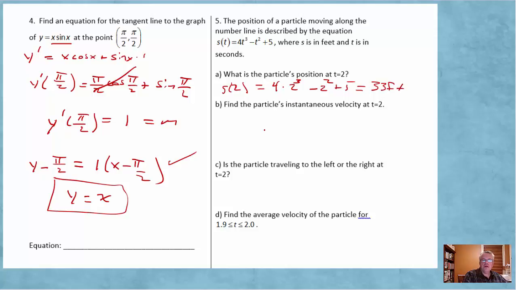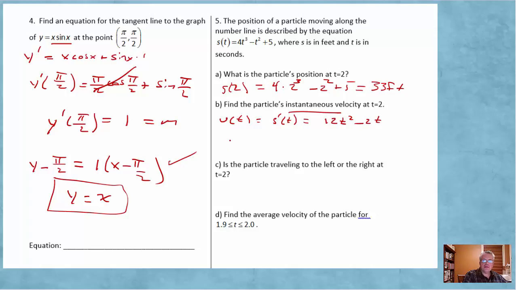Okay? Now, find the particle's instantaneous velocity at 2. Well, that would be the derivative. So, instantaneous velocity, v of t, equals the derivative of position, which would be 12t squared minus 2t.